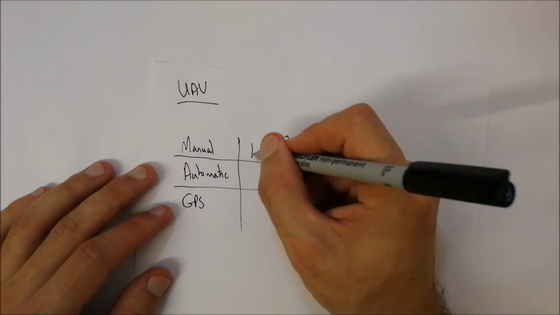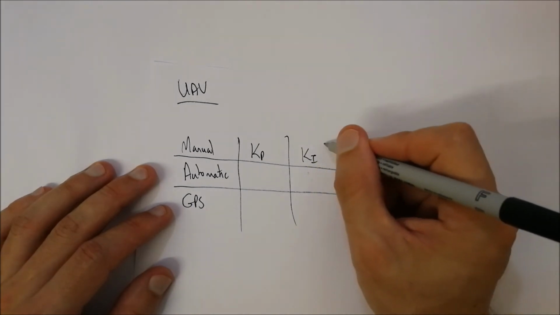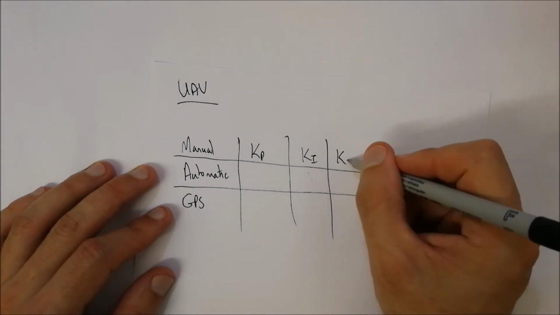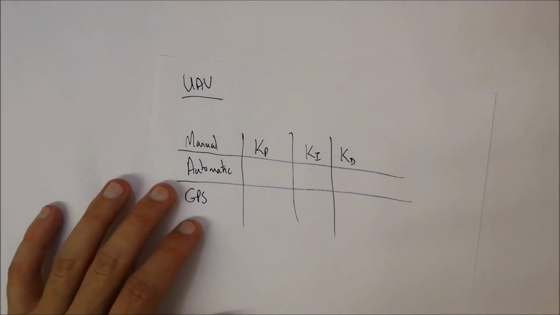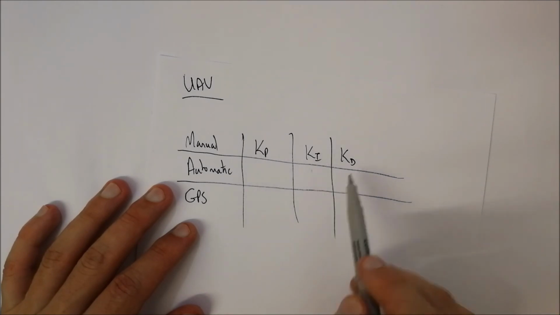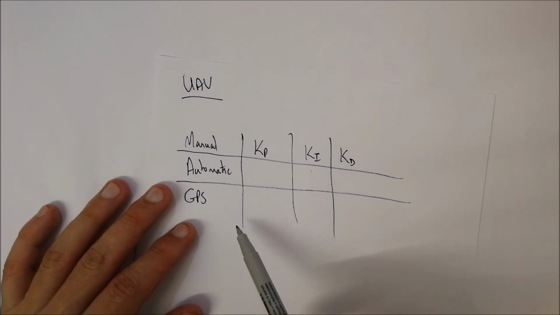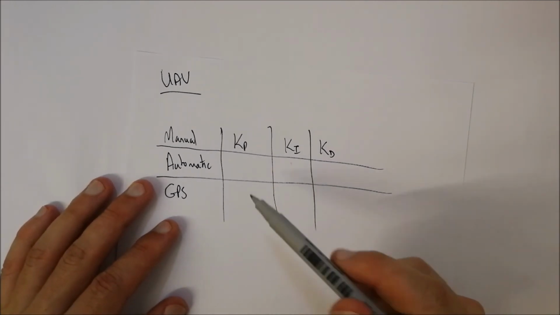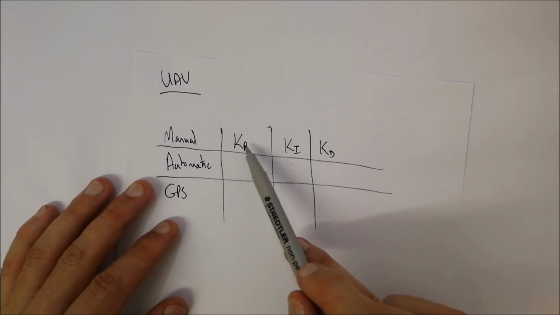Once we're in the manual mode and we know what our KP value is, what our KI value is, and what our KD value is, we've essentially tuned in these parameters and we're able to use them for any of these other flight modes. The problem came in whenever we used these KP, KI and KD values for autonomous or GPS mode, it wouldn't actually work. So again, even between different modes, you're going to need different constant values for your proportional, integral and derivative terms.